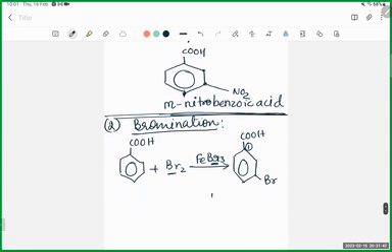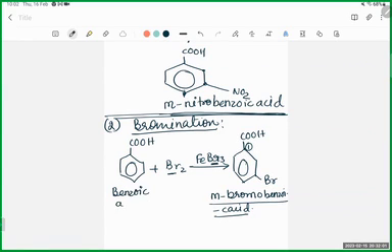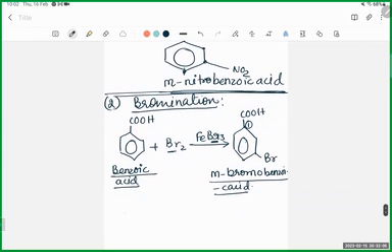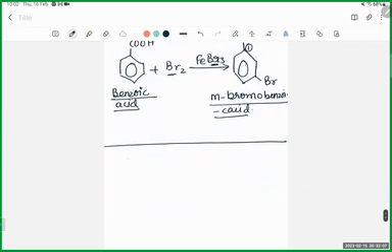What do you call this, Hridaya? Meta bromo benzoic acid. Are you clear, Hridaya? So benzoic acid produces meta bromobenzoic acid.